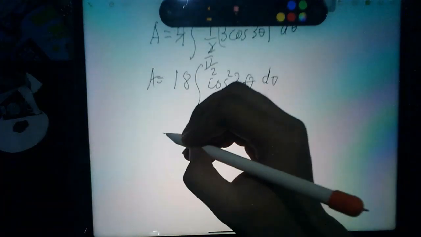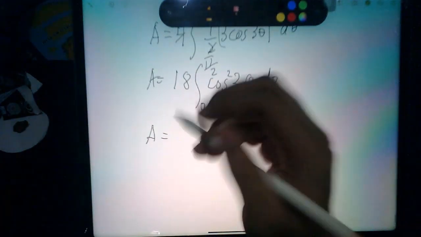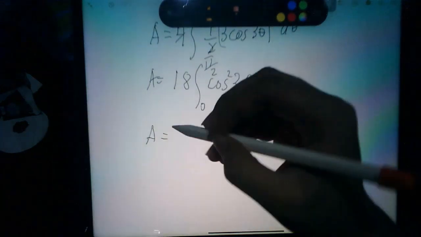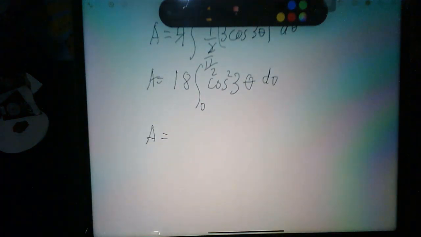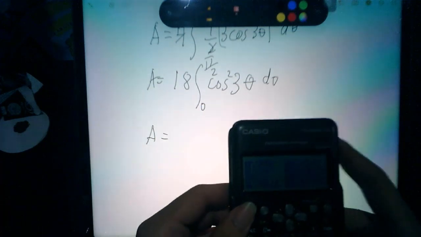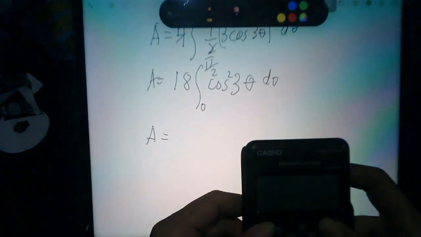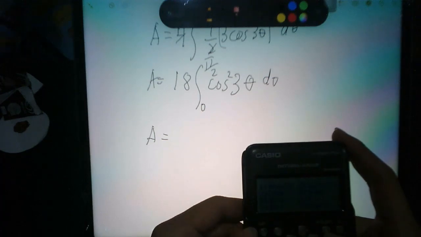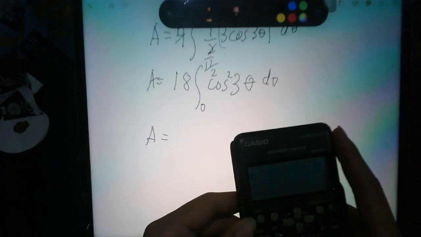So now we integrate. First we need to set our calculator into radian mode. So let's do this: mode, computation degree, shift mode into rad.